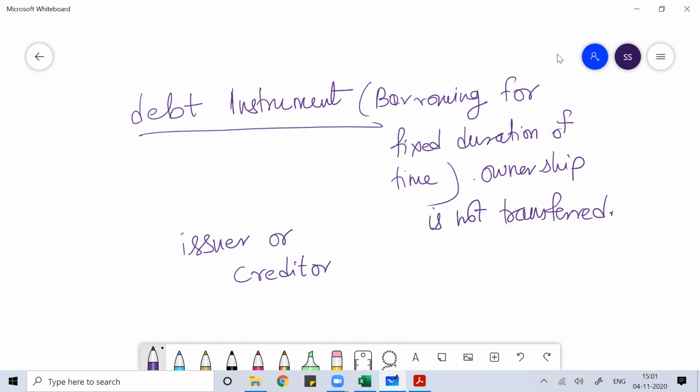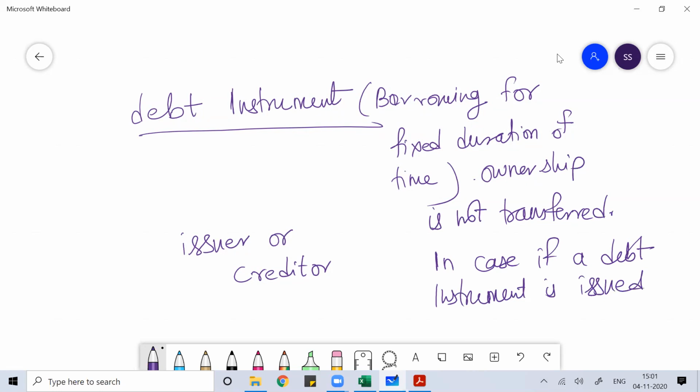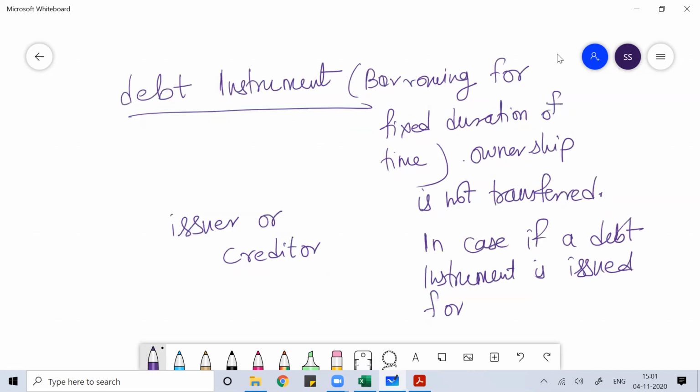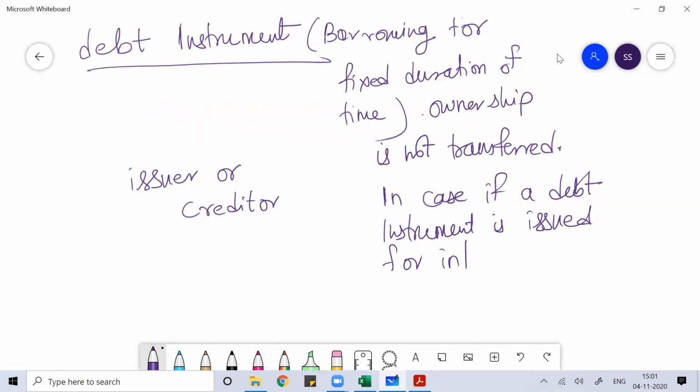In case a debt instrument is issued for an infinite time period, it is called a perpetual bond.